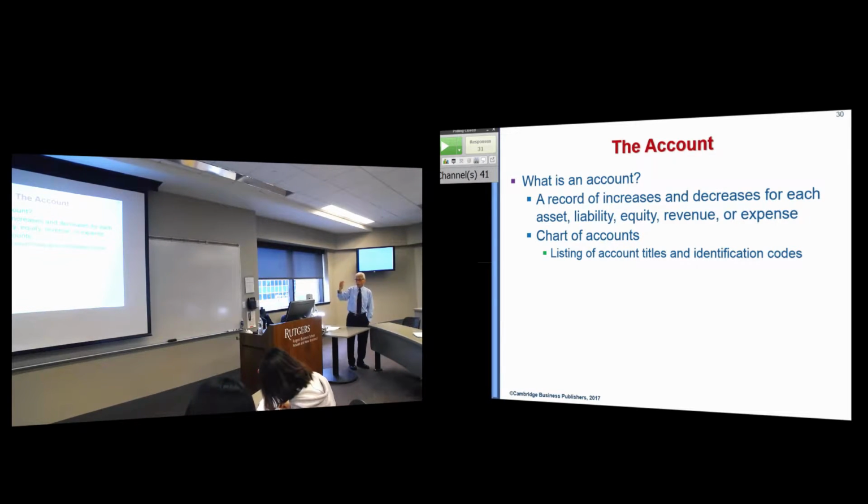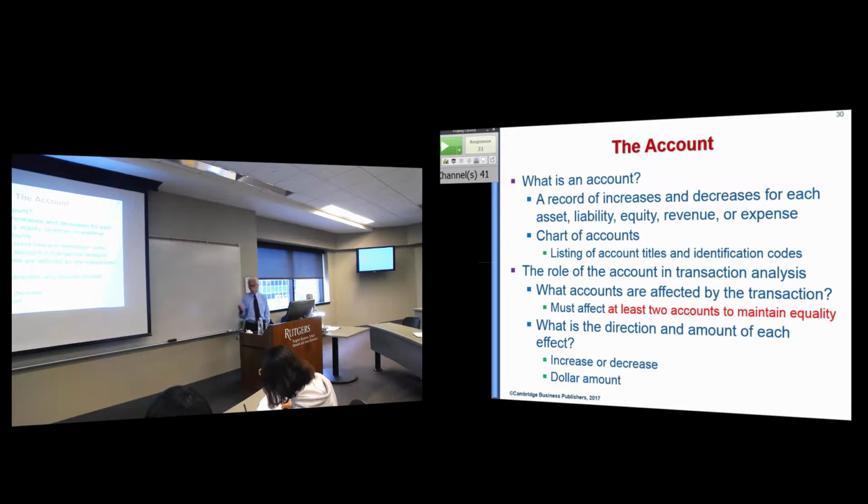So these are the account numbers that are assigned to asset, liability and stockholders' equity accounts. A chart of accounts has nothing to do with the debits and credits, has nothing to do with the accounting. It is absolutely a reference system. It's a reference system for you.